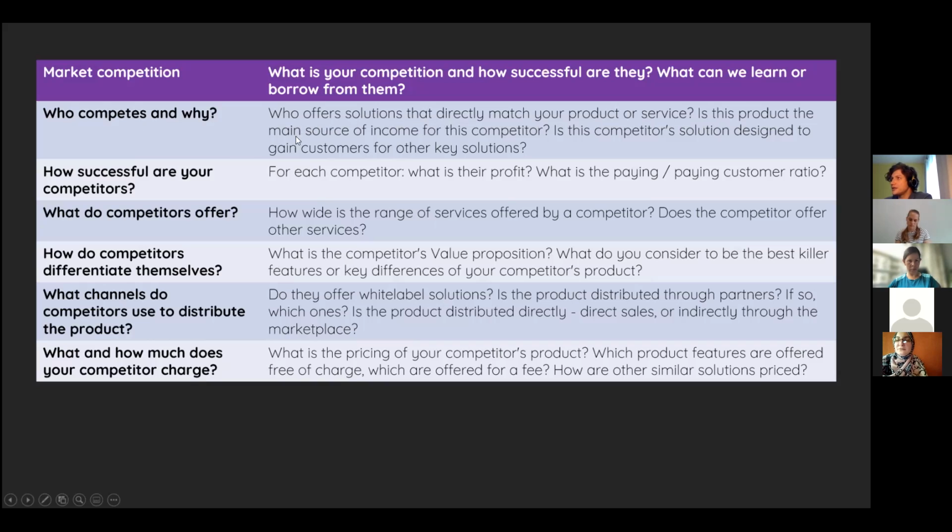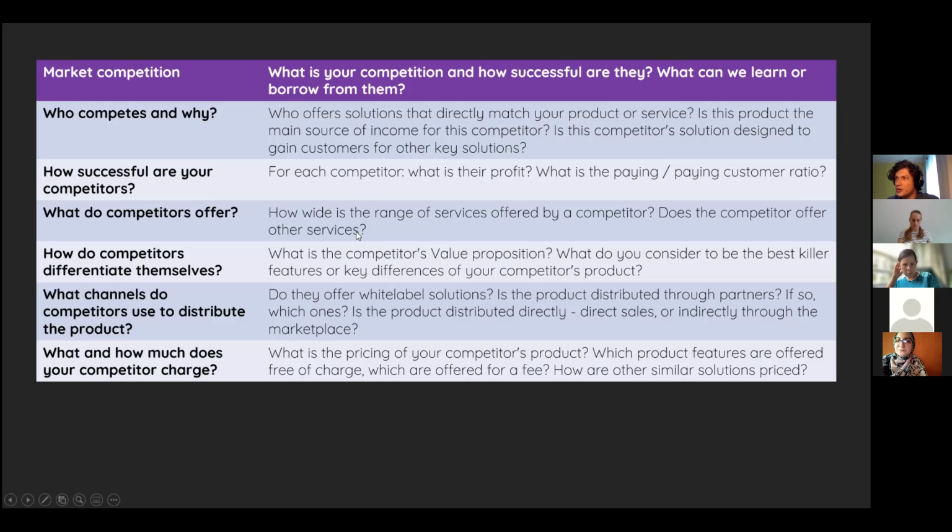Is the product the main source of income for this company? As I mentioned previously, not all companies are single-product companies. Sometimes these are companies that have an additional product that helps them acquire customers for their key product. I would say this, for example, in the banking sector. Banks might give you insurance. In Latvia, we have a bank, Swedbank, which is actually offering insurance.